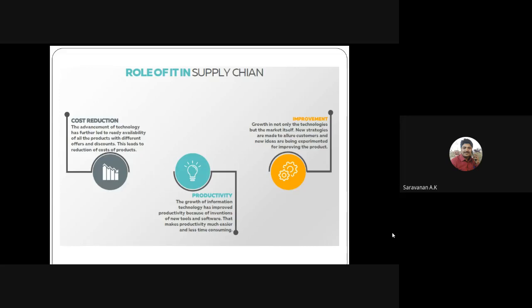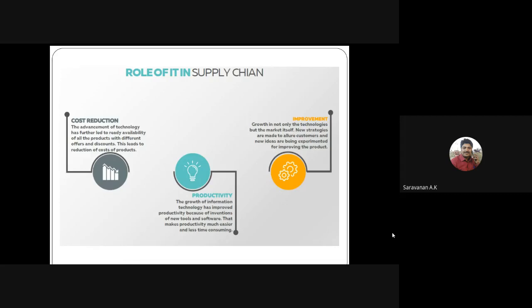But if IT is involved in supply chain management, it will create a revolution and change the face of the supply chain, which was used in the last few years back. So nowadays IT is very important.